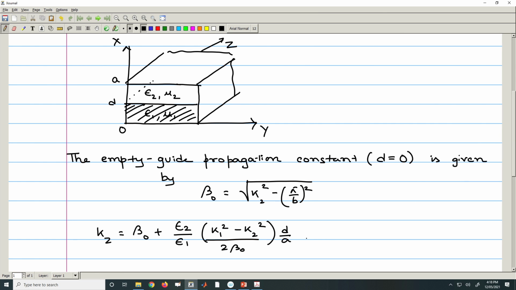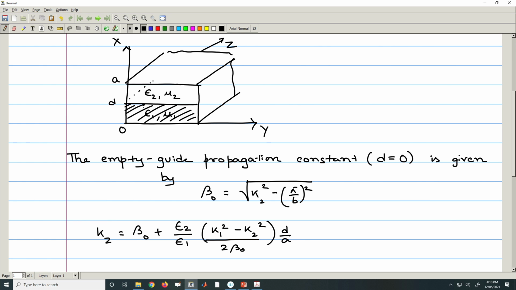So, in the given figure the waveguide is dielectric filled between x equals 0 and x equals d. Or it can be considered that it has two dielectrics.